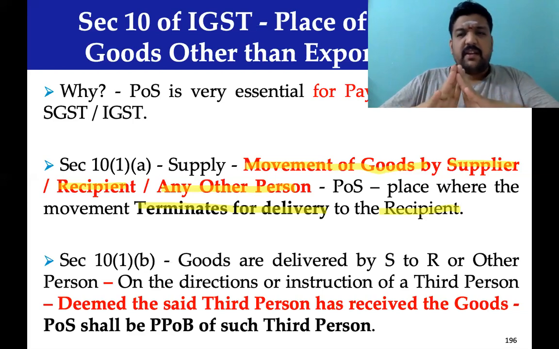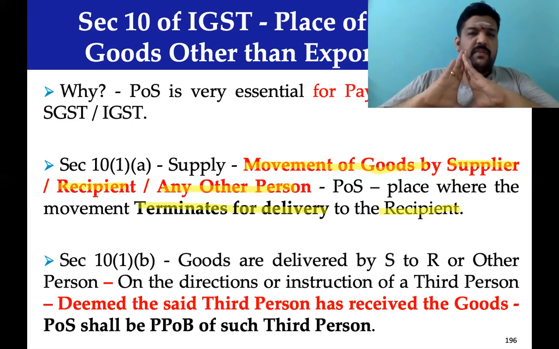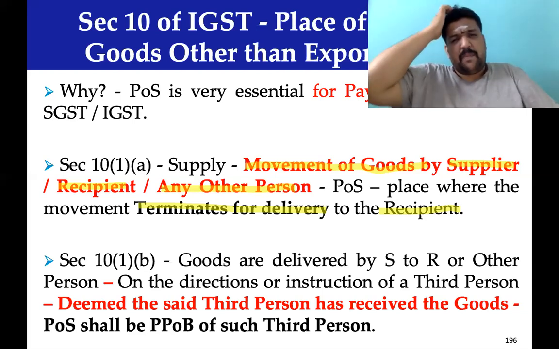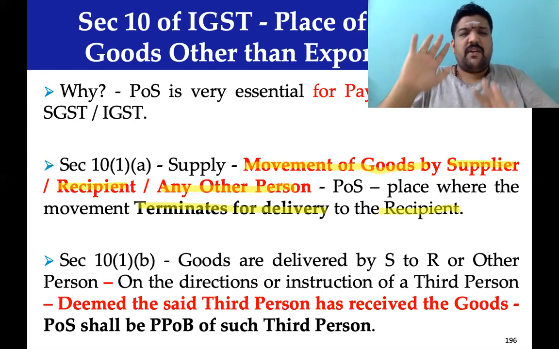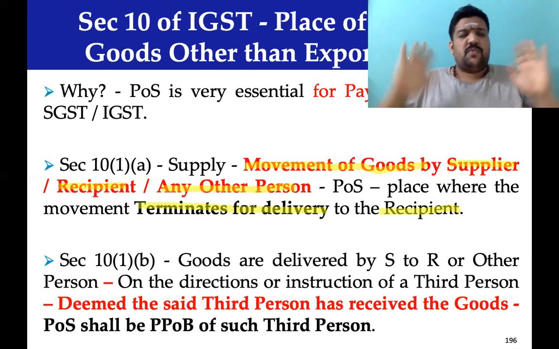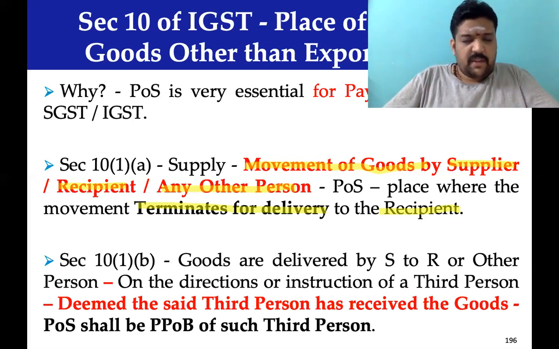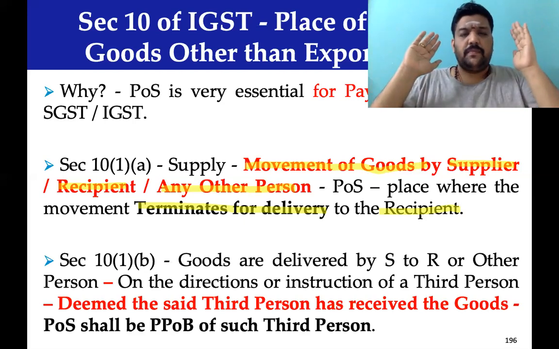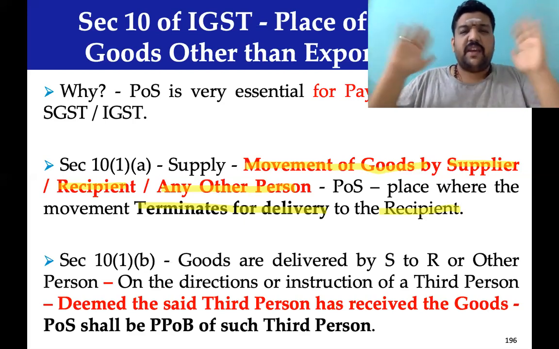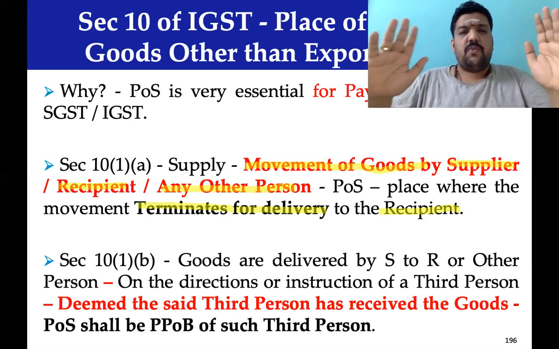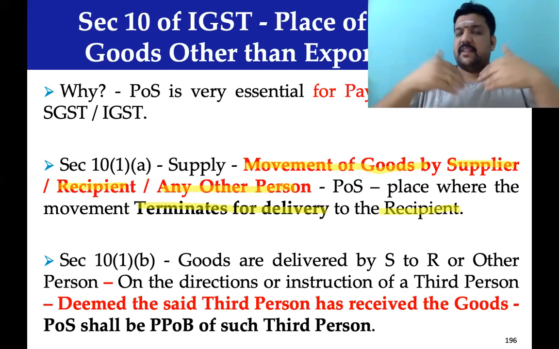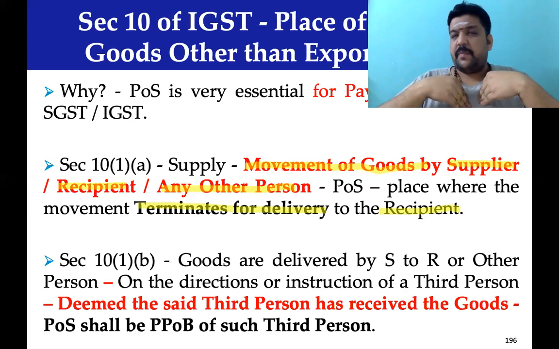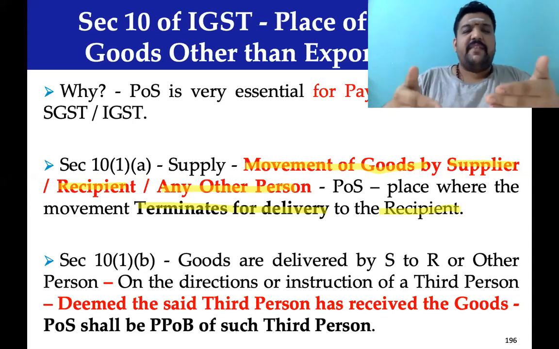The recipient is going to handle the movement of goods, which means the supplier said, I don't have a lorry, so you carry the goods, but until the goods reach your place, we are responsible. So the responsibility is still with the supplier, but the movement activity is handled by the recipient.